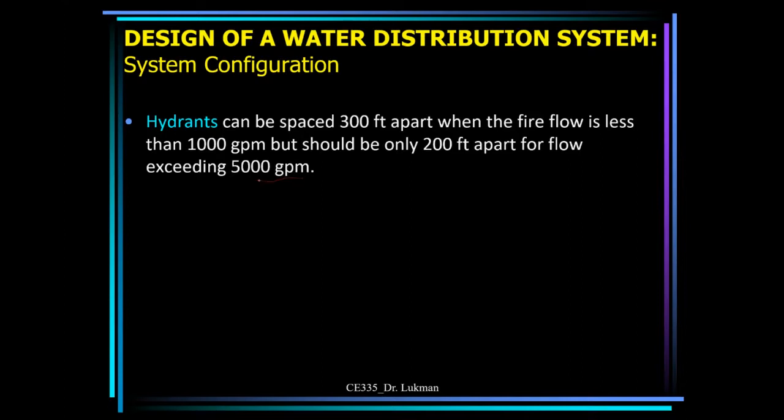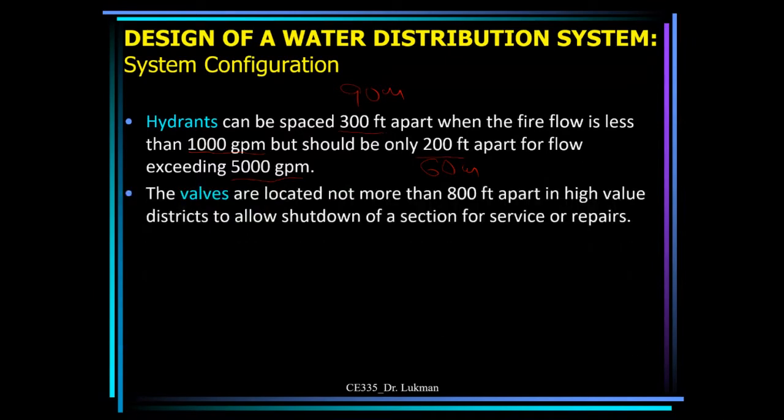Meaning the higher the flow, the smaller the spacing between the hydrants. When the flow is 1,000, the spacing is 300 feet, which is 90 meters. And when the flow is 5,000, the spacing is 200 feet, which is simply 60 meters.